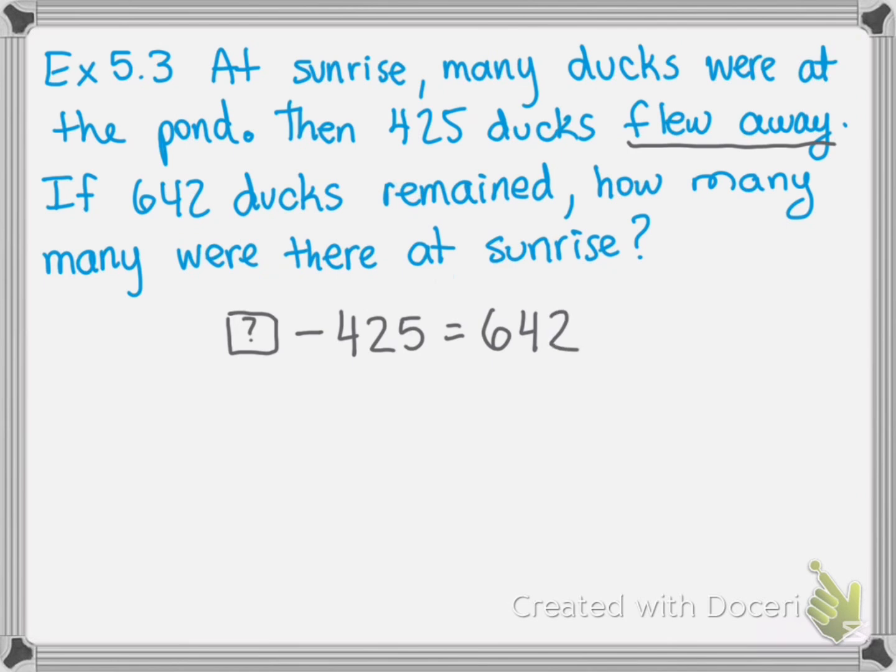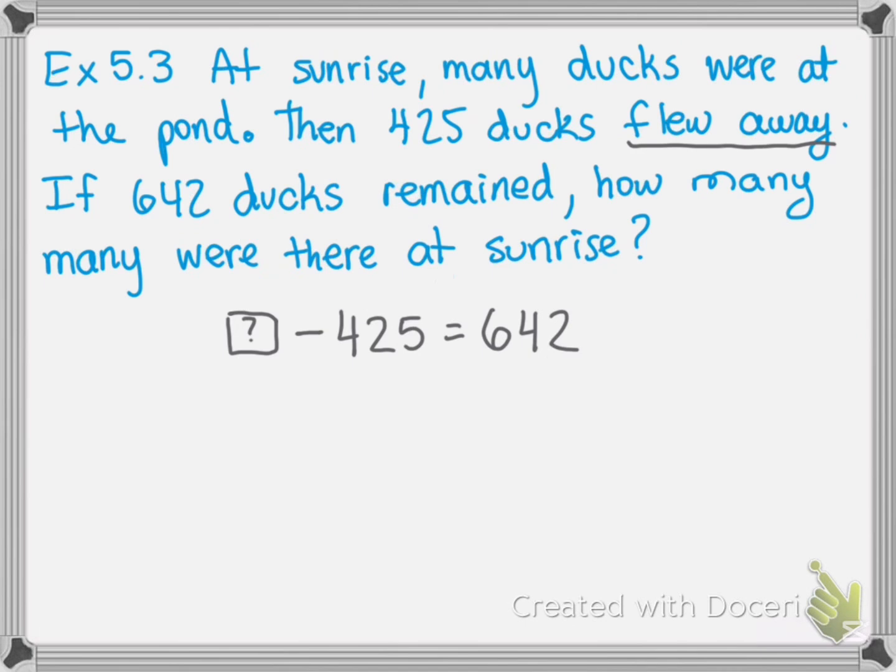And notice that as I write the information that we're given, I can see that they're giving me the two parts, and we need to know the total. Okay, so we're going to have to add what is left and also what flew away to see what we started with, which was the bigger number.